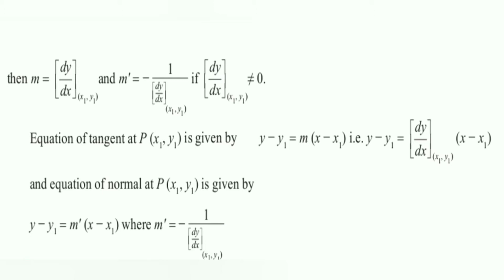Equation of tangent at P(x1, y1) is given by y minus y1 equals m into (x minus x1). That is, y minus y1 equals dy by dx into (x minus x1), and equation of normal at P(x1, y1) is given by y minus y1 equals m dash into (x minus x1), where m dash equals minus 1 upon dy by dx at point (x1, y1).